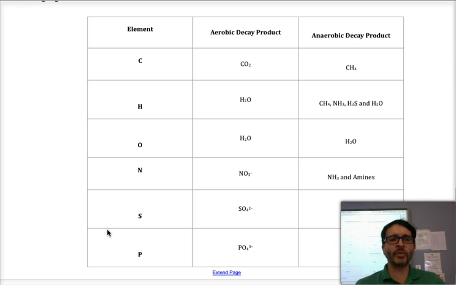So the aerobic decay products tend to be much more benign, less toxic, while the anaerobic products tend to be toxic. All right, so this is one of the reasons why we worry about waste, because if there's a requirement for too much oxygen, we're going to decompose into the anaerobic products.